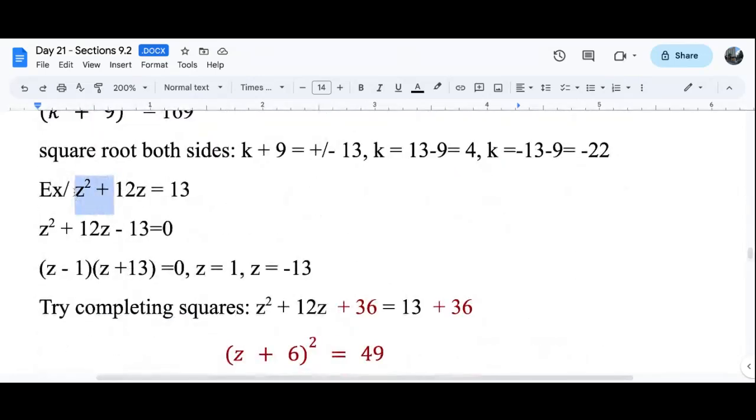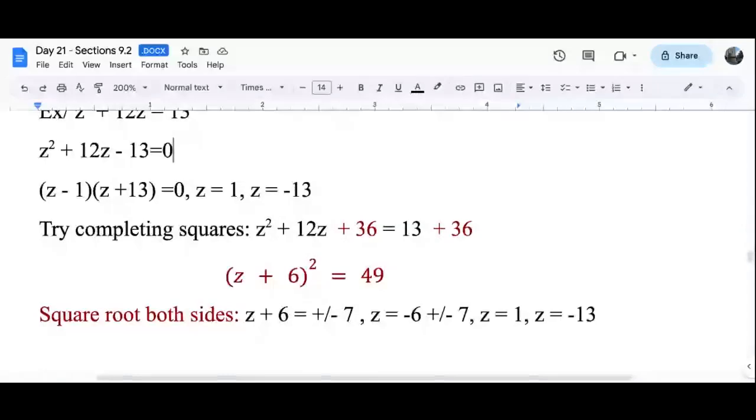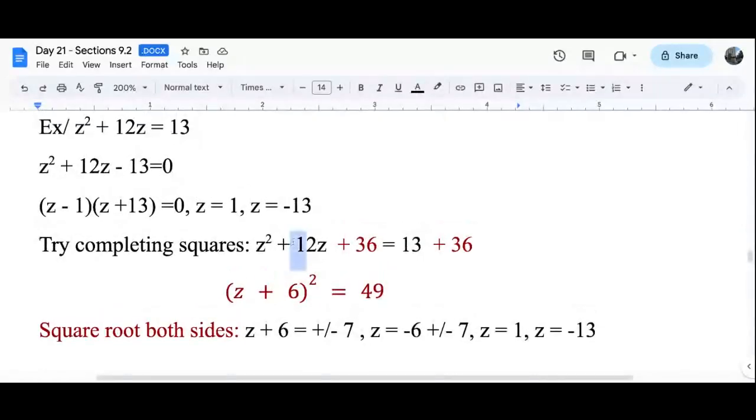Well, let's see this one. We have z squared plus 12z equals 13, right? Or I could move 13 to the other side. I have z squared plus 12z minus 13 equals 0. I can factor this. I get z equals 1 and negative 13. If we're completing squares, 12 divided by 2, I can write as 2 times 6z.